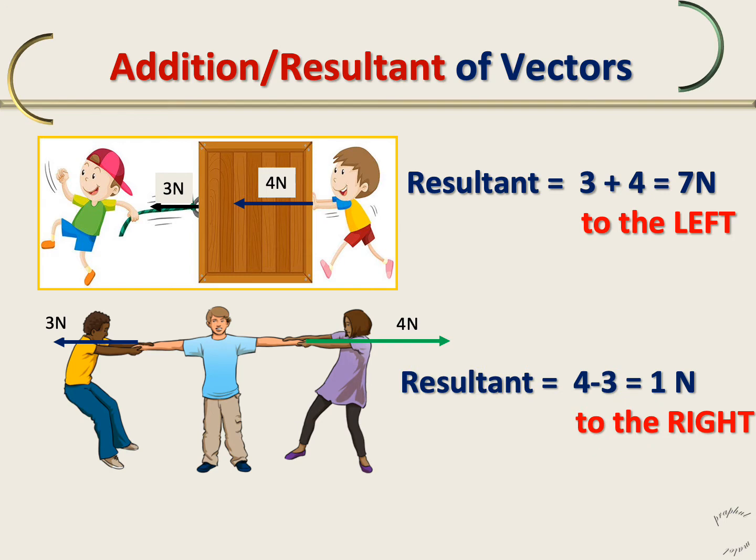Here also you can directly subtract because they are exactly opposite to each other. So I'm subtracting the bigger force minus the smaller force, and I have to always put the direction as that of the bigger force. Like this, if the vectors are acting in the same line, either in the same direction or opposite direction, it's very easy to add or subtract.